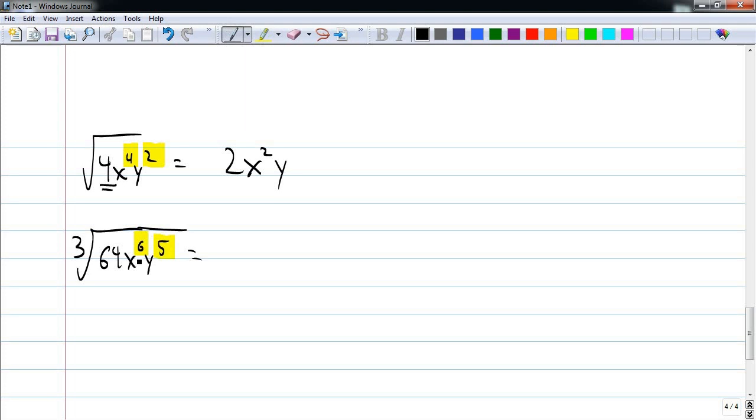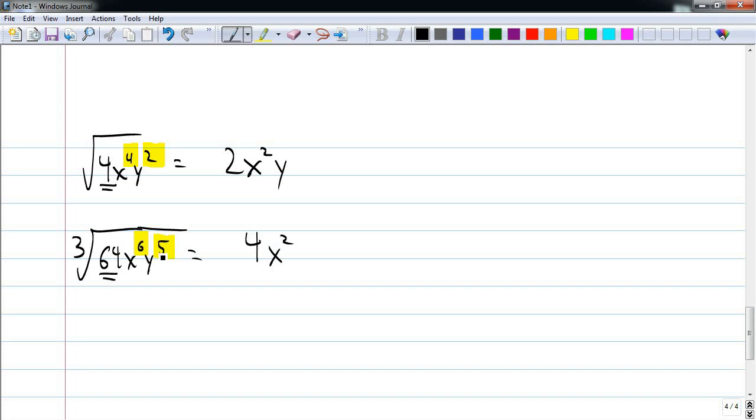So x to the 6th, I divide 6 with 3, and I get x squared outside of the radical. 64 is 4 times 4 times 4. So that's my coefficient.